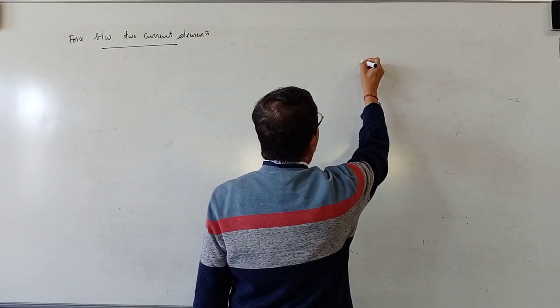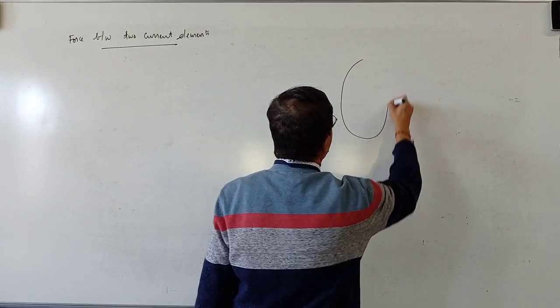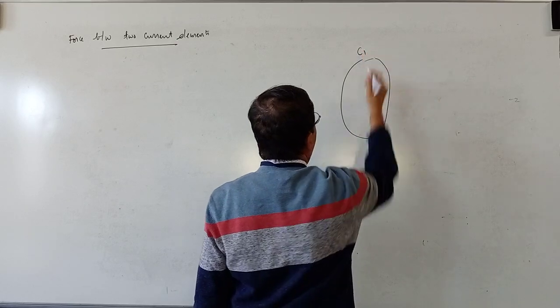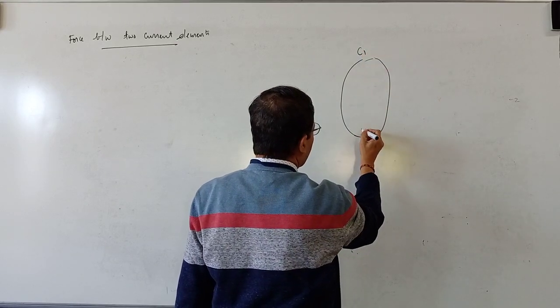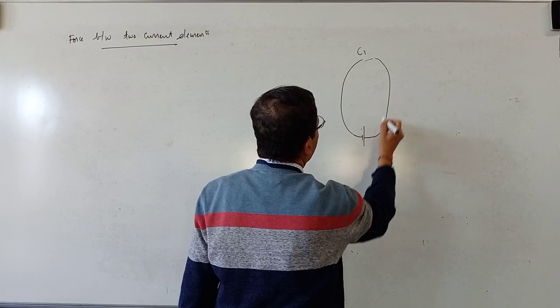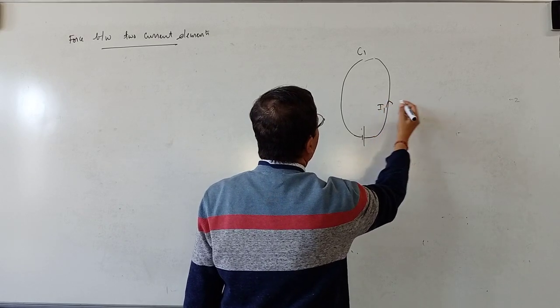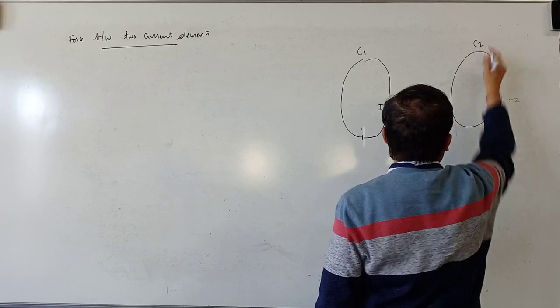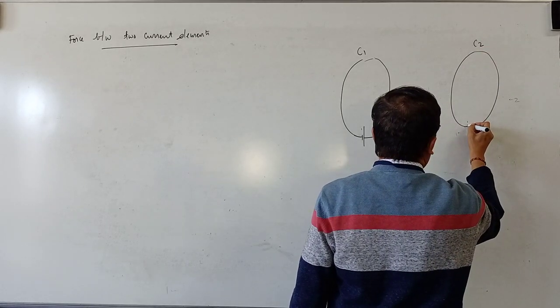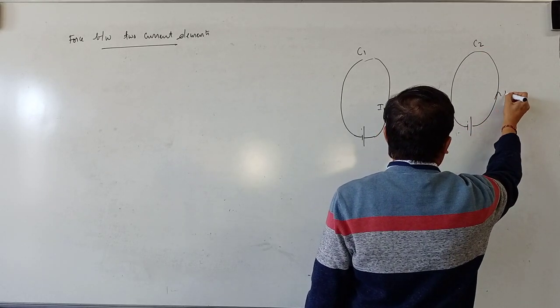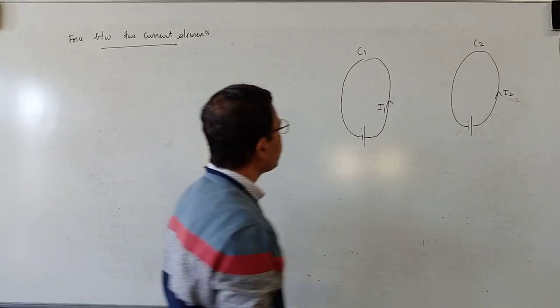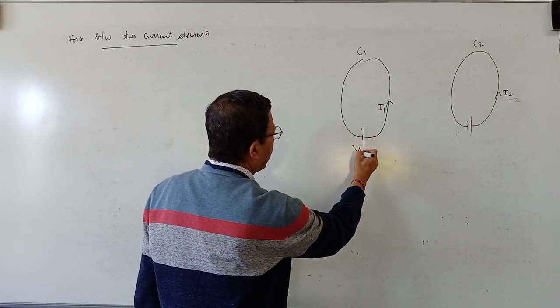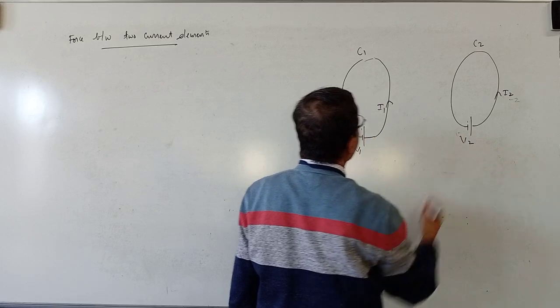So I will take two loops C1 and C2 carrying currents I1 and I2. This is battery V1, this is battery V2.